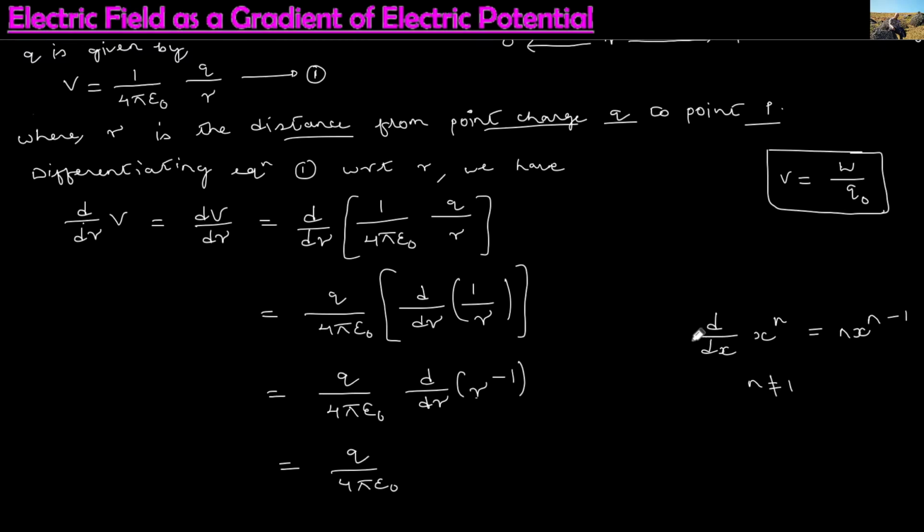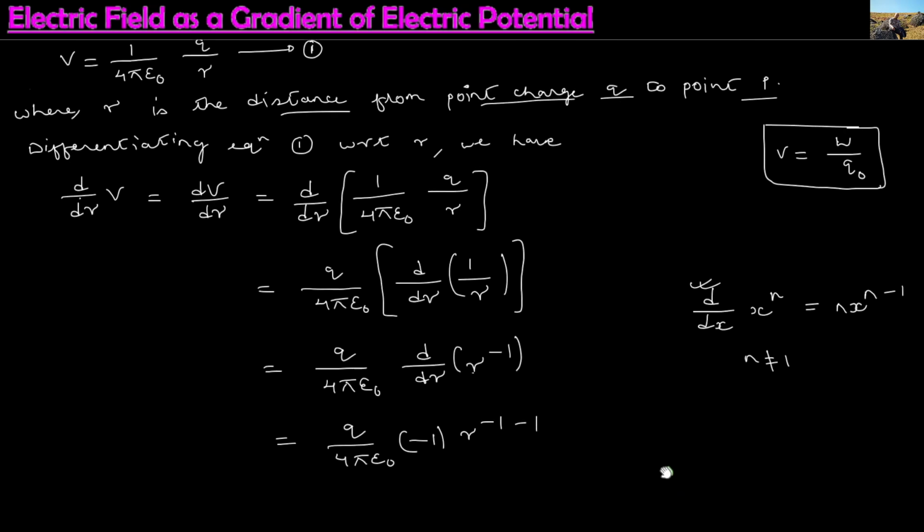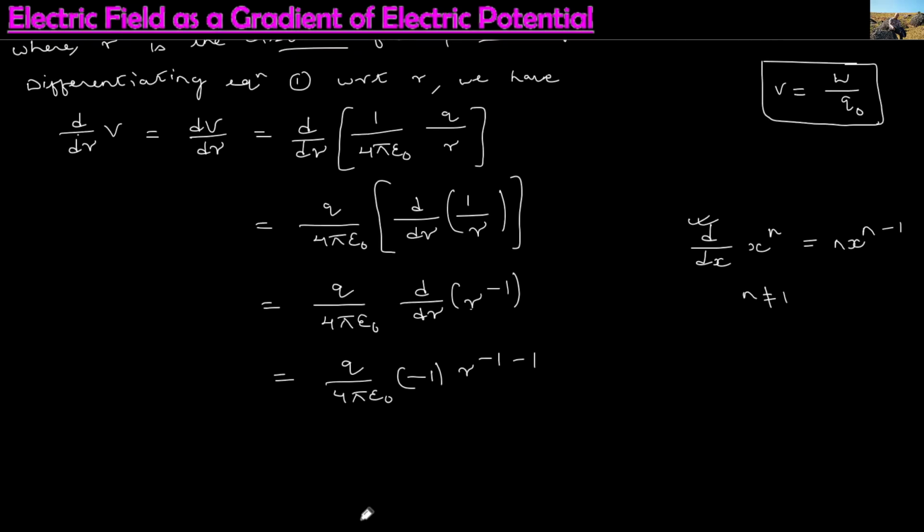So we make use of this formula, then we will get minus 1, r to the power minus 1 minus 1. And then from here, you'll get Q divided by 4 pi epsilon naught, with a negative sign, and then you'll get r to the power minus 2.